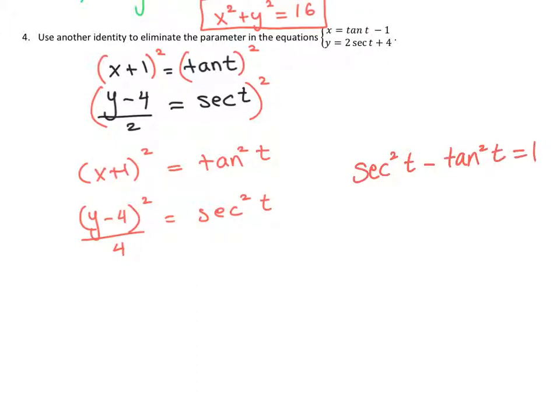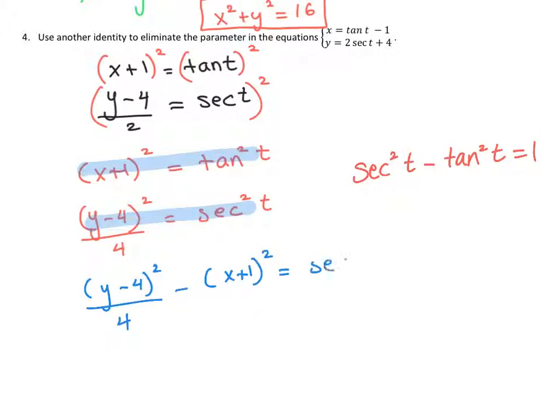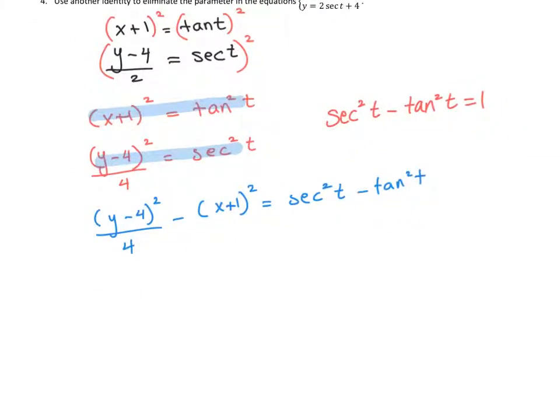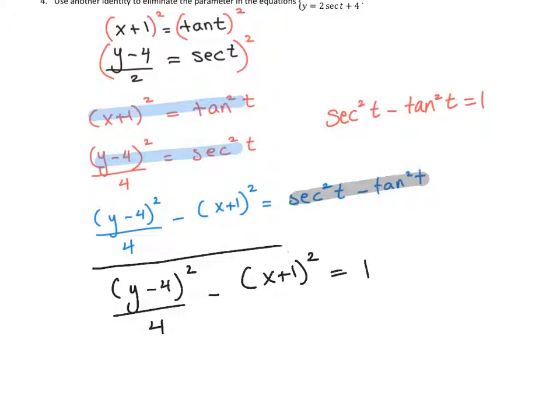So I need to subtract this equation from this one. Let's subtract those two. So I get y minus 4 squared over 4 minus x plus 1 squared is equal to secant squared t minus tangent squared t. Then my identity is equal to 1, so let's replace it by 1. And my final equation is going to be y minus 4 squared over 4 minus x plus 1 squared is equal to 1. And that's the equation of the hyperbola.